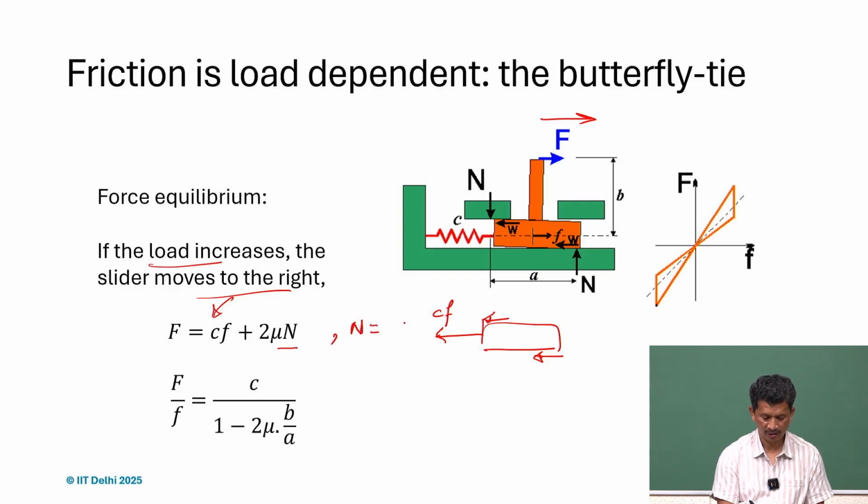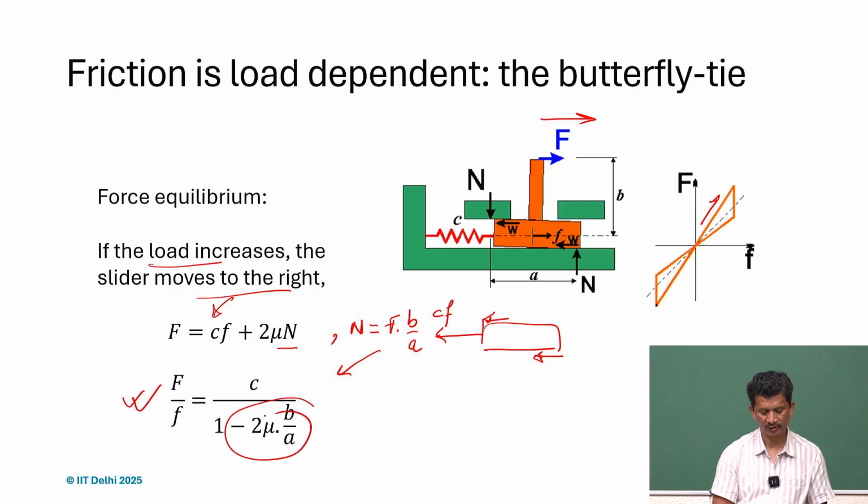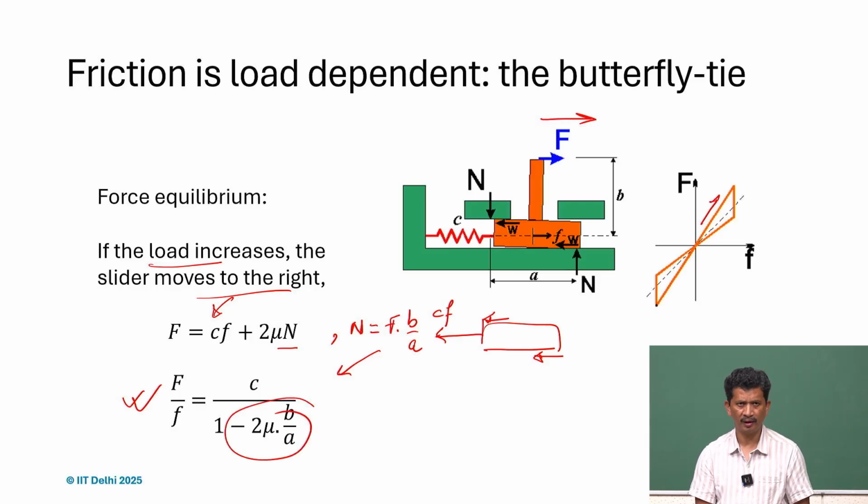What we find is that N is F times B by A. If we substitute, capital F equals the stiffness times the deflection, with an added parameter here, which is 1 minus 2 mu B by A. Mu is the coefficient of friction and B by A is also there.